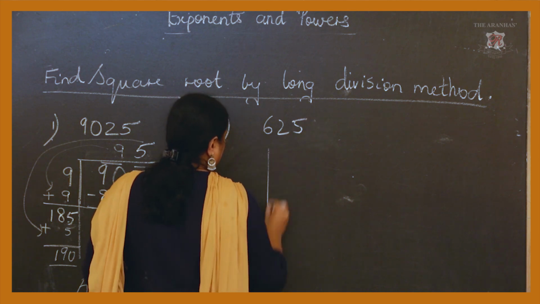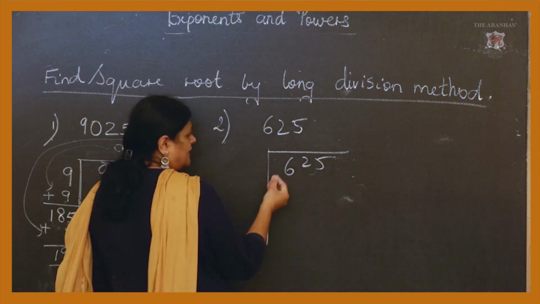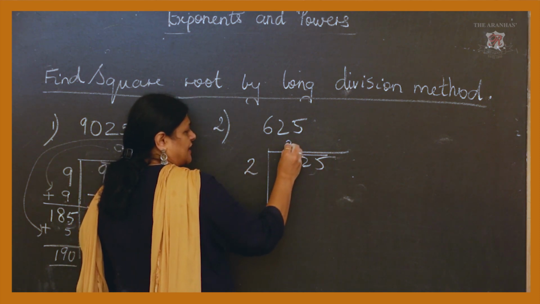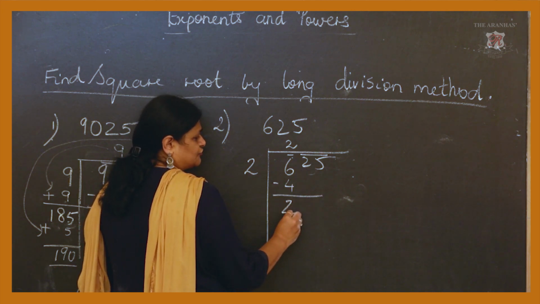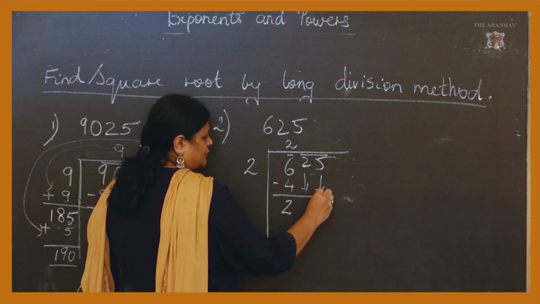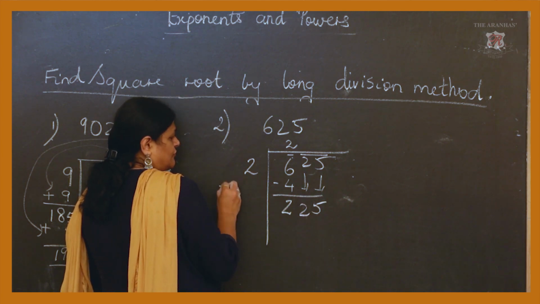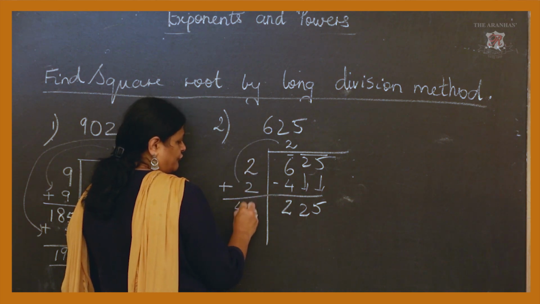625. Now here you are going to take this 6 and these 25. So 2 2s are 4. Then 25 comes down. Now here 2 plus 2 will give you 4.